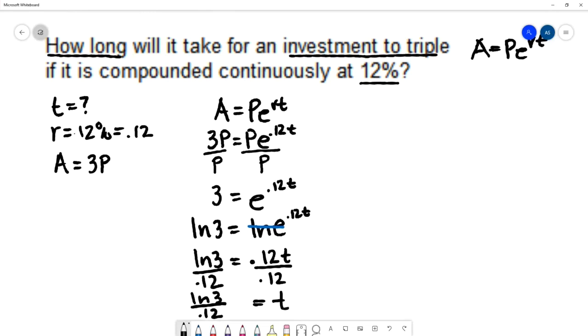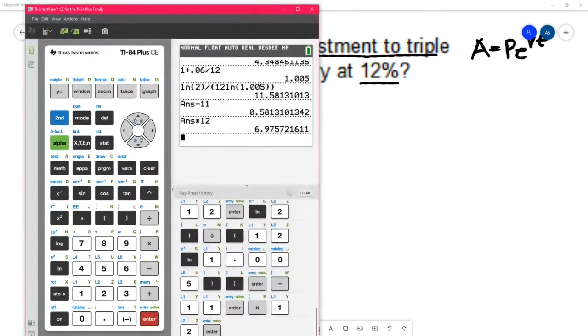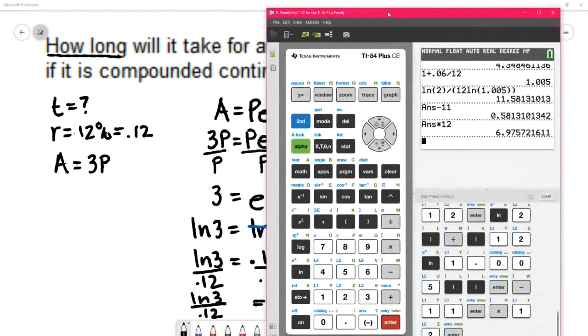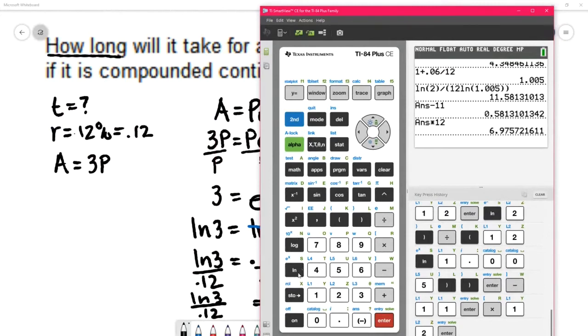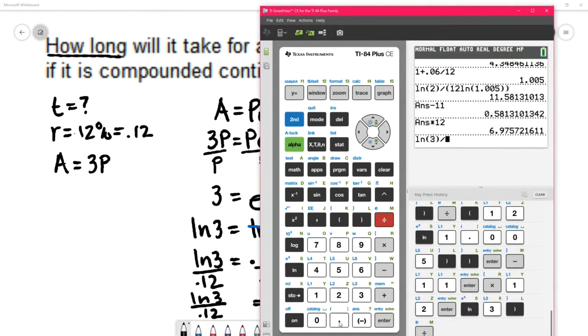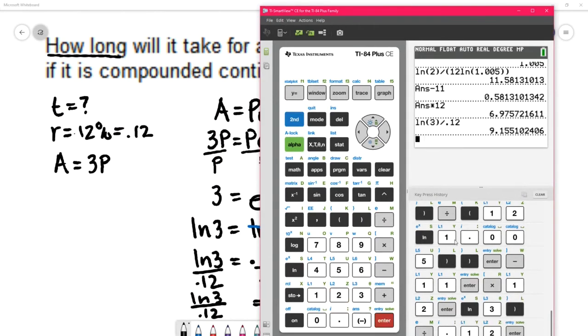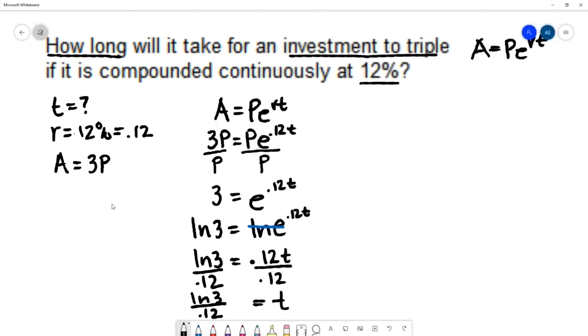Let's put that in our calculator. Natural log of 3 over 0.12, and we've got 9.1. Let's see, in the directions it says to round to 2 decimal places.